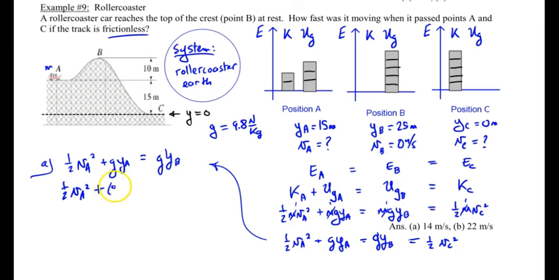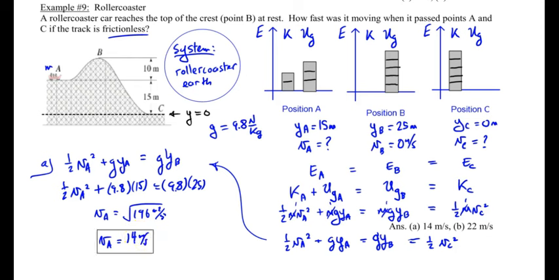We have g is 9.8, y_A is 15 meters, and g is 9.8, and y at B is 25 meters. And so then we just go ahead and solve it. Turns out it's the square root of 196 meters squared over second squared, and that would give you a speed of exactly 14 meters per second.